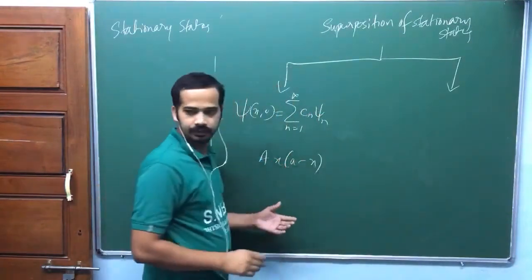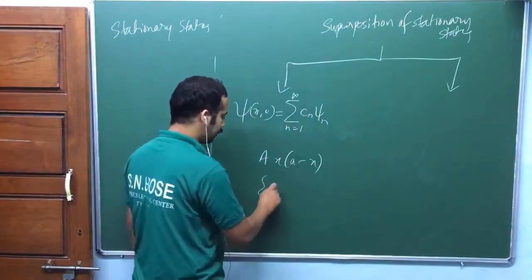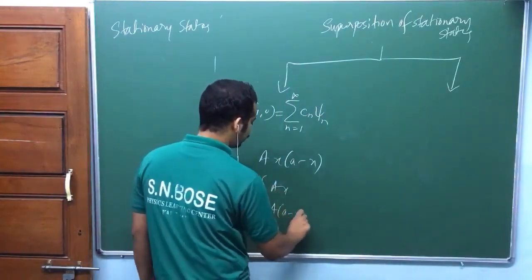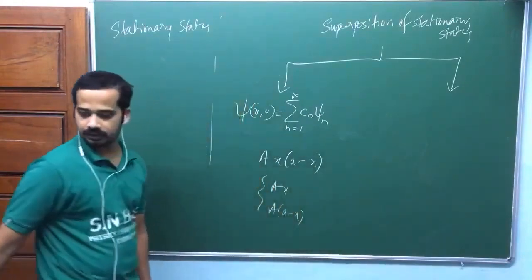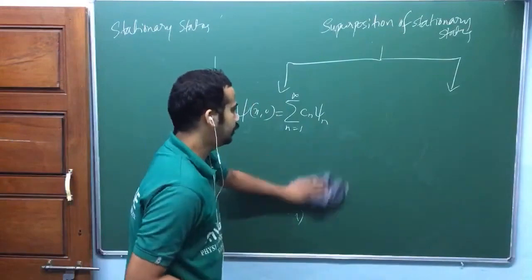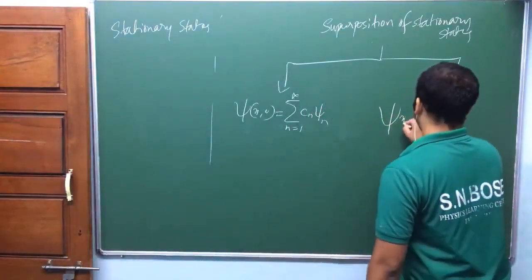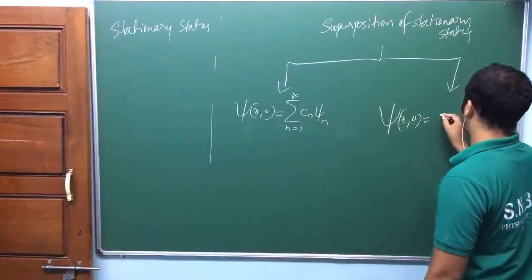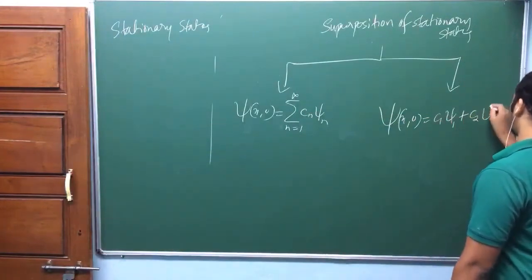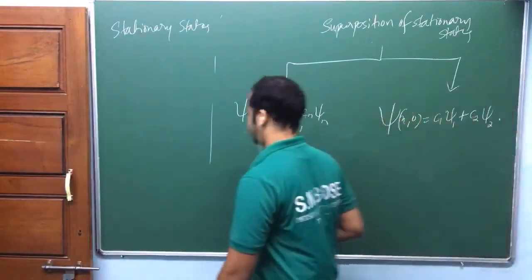Do you remember this one? Yesterday's problems. These contain infinitely many terms. And the other one, your initial state, contains only a couple of terms: C1 psi 1 plus C2 psi 2. Full stop.